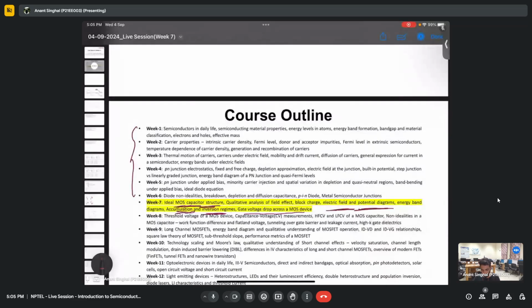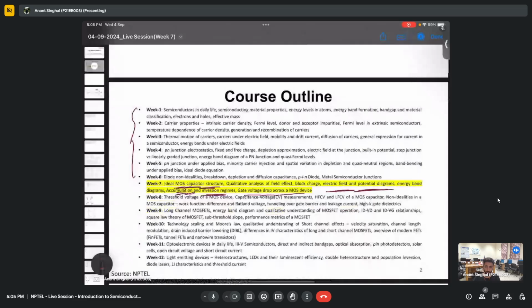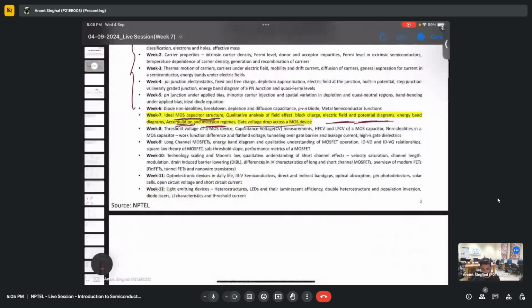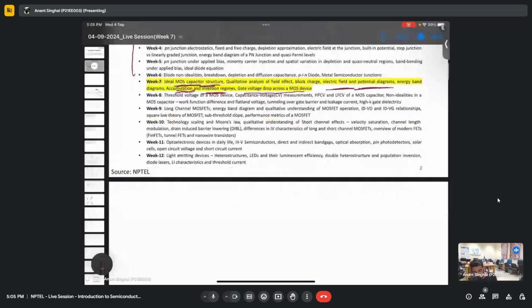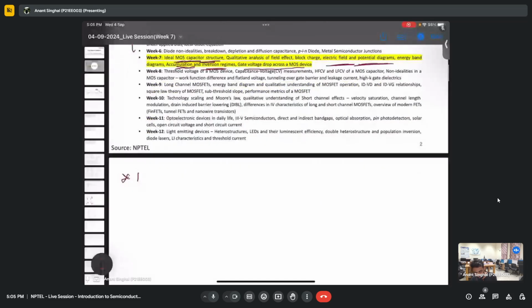Before going into the MOS capacitor, yesterday we discussed some topics, and at last we were stuck on the spin diode, and I asked the students to maybe mail me some solutions that you can solve using your understanding of the course.